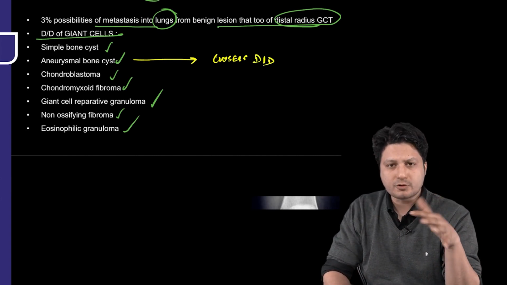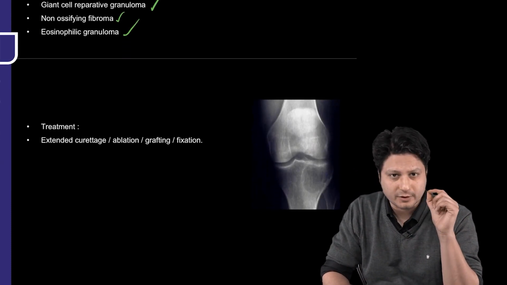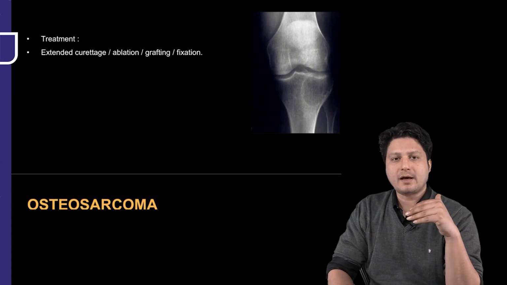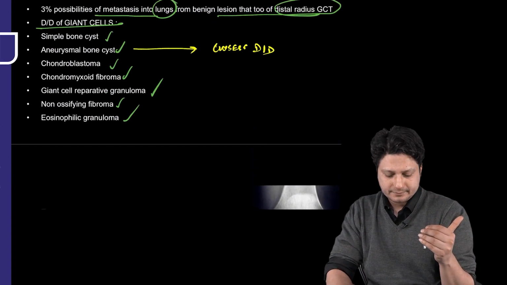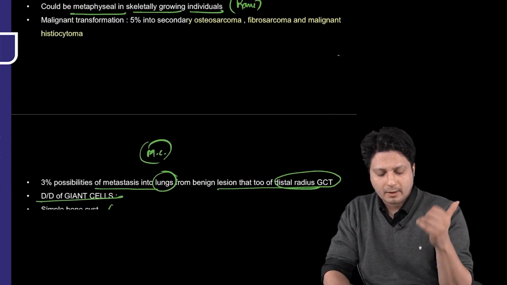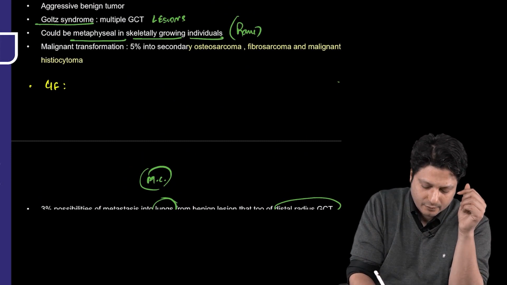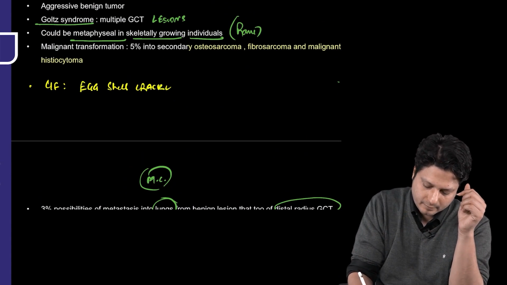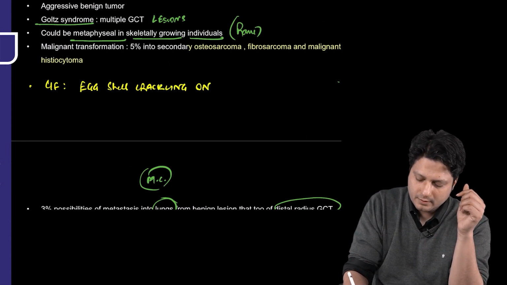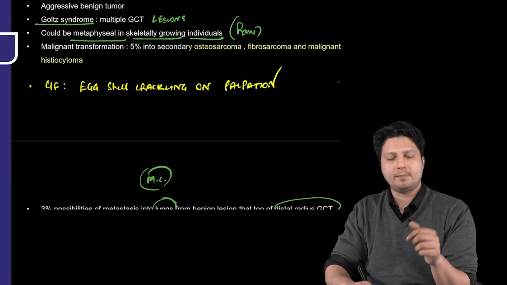So hopefully you have understood everything related to this particular tumor, that is GCT. As far as the management is concerned, before we talk about the management, it is also important to consider one key clinical finding, and that is eggshell crackling on palpation.